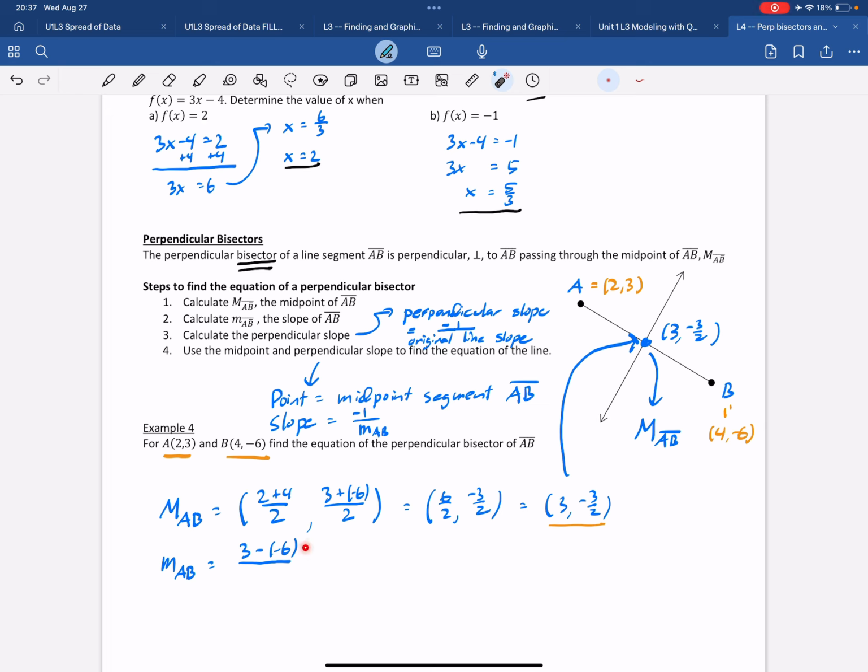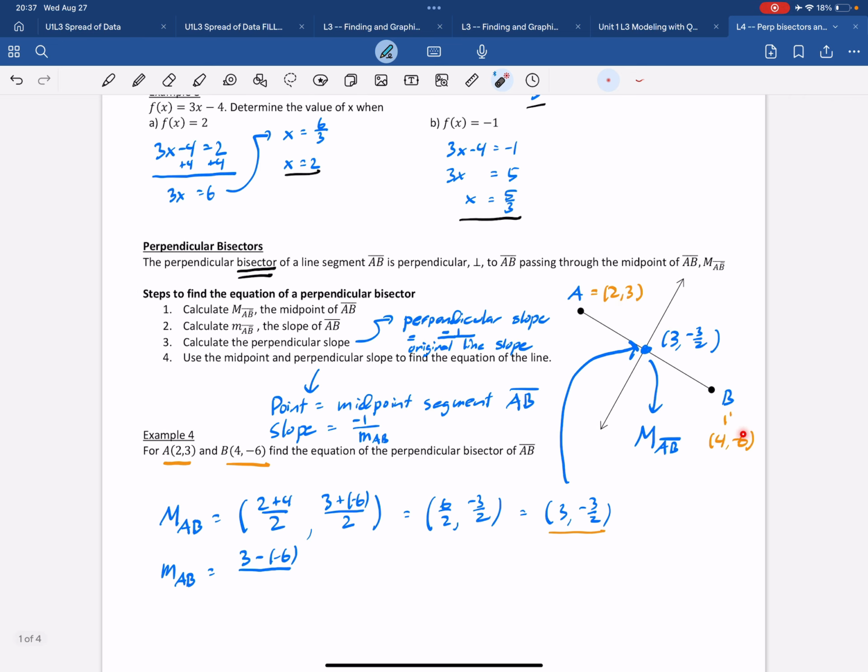Remember, guys, this is the change in y, so I'm doing y1 or y2, however you want to think about it, but 3 minus negative 6, I have to divide by the change in x's, so I divide by 2 minus 4. Remember, if I started at this point, I did 3 minus negative 6, I've got to start again at the x value. So this is 2 minus 4, and that's 9 over negative 2, which is negative 9 over 2.